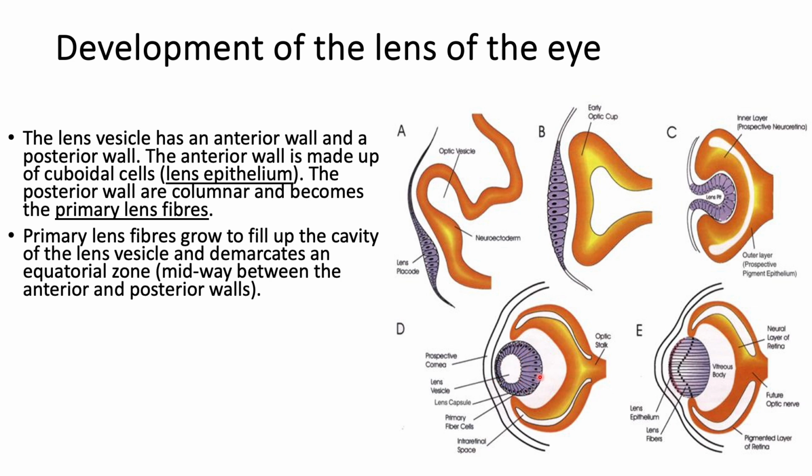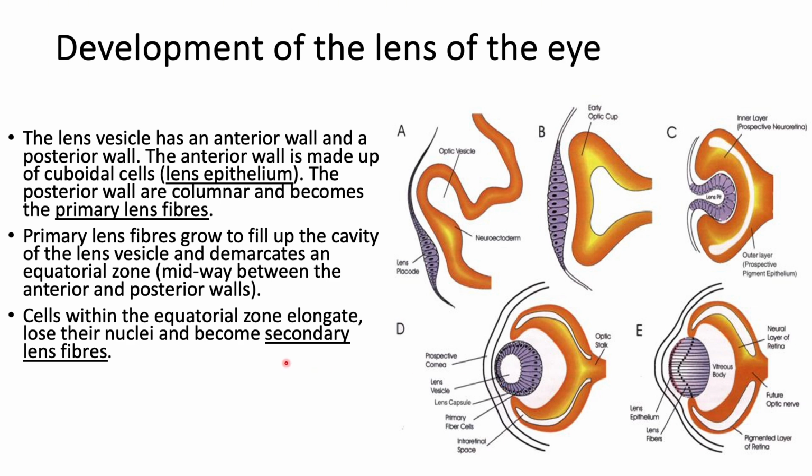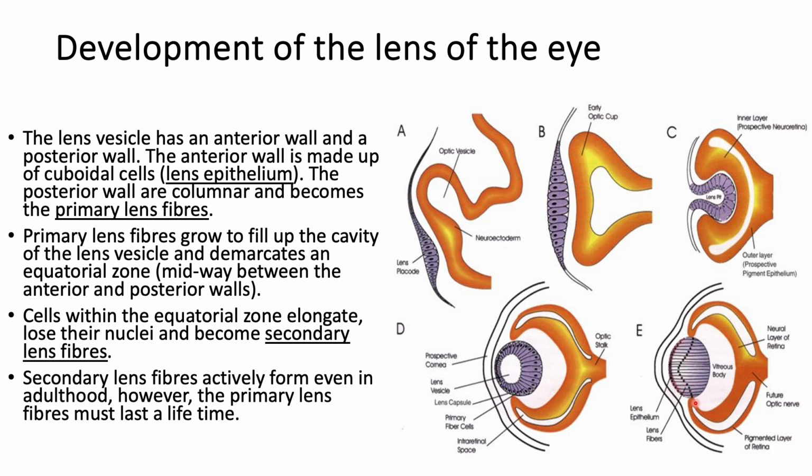It's like the midline of the anterior layer, and then the posterior layer forms an equatorial zone. This equatorial zone is going to help form what we call the secondary lens fibers. So that is what you see here. There is a line indicating the equatorial zone that will form the secondary lens fibers.